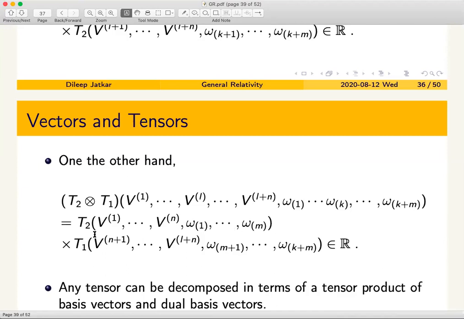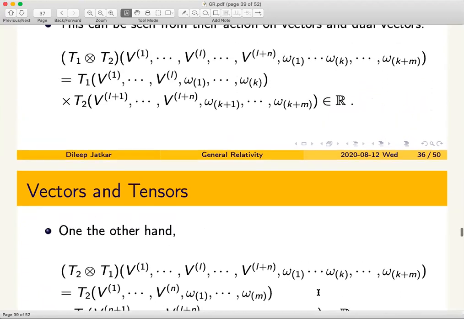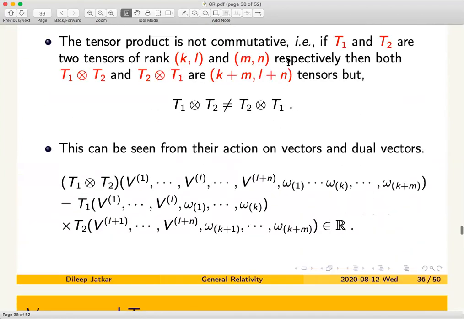So the action of T2 on V1 to Vn is different from T2 on VL plus 1 to VL plus N. As a result, the number that you would produce by contracting T2 tensor T1 with L plus N vectors and K plus M dual vectors is different from contracting T1 tensor T2 with the same collection. It is in this sense that the tensor product is not commutative.